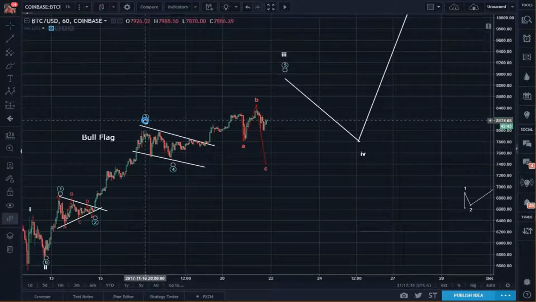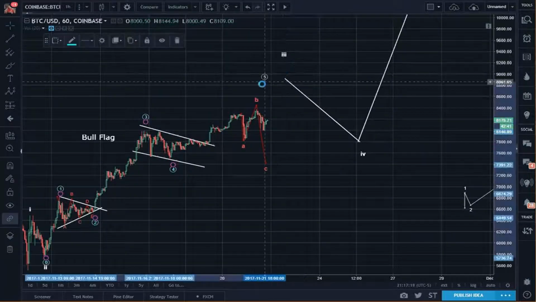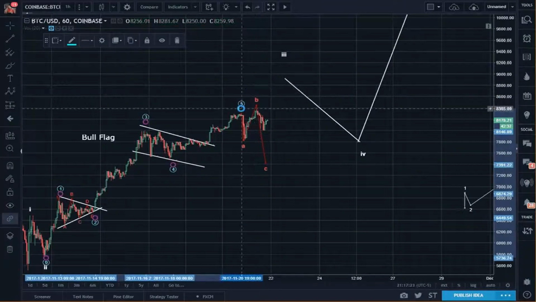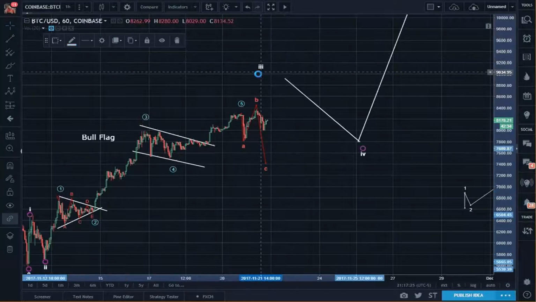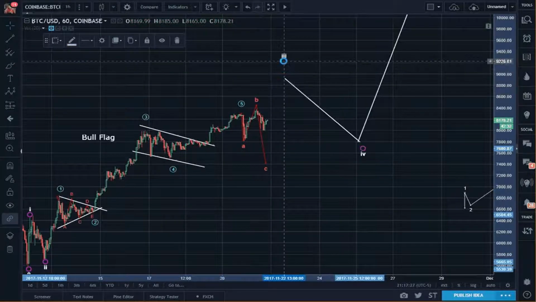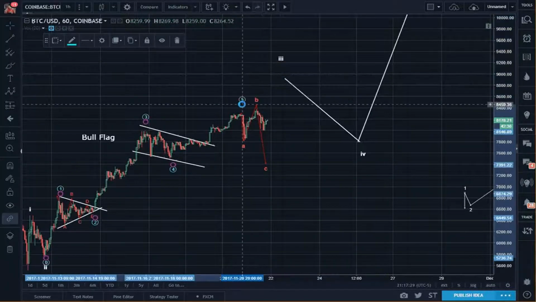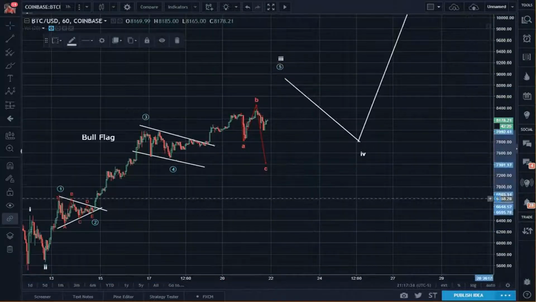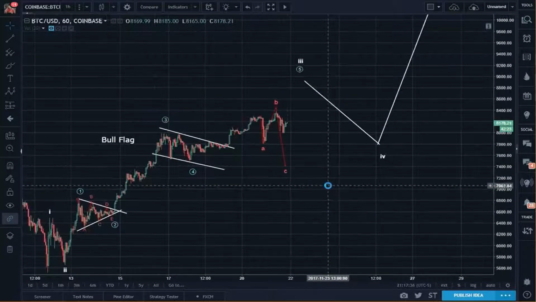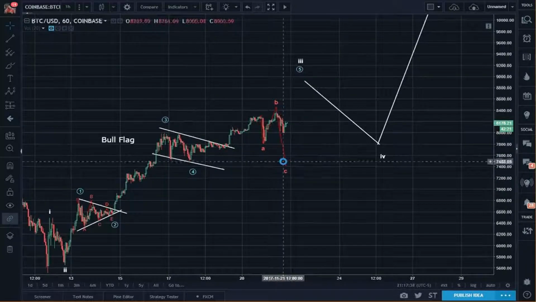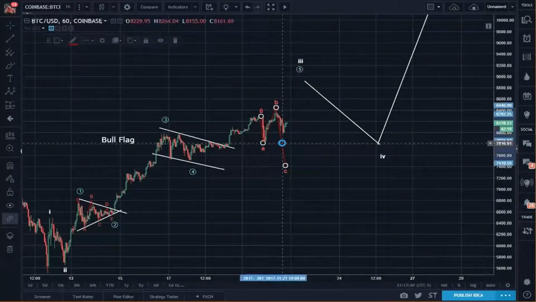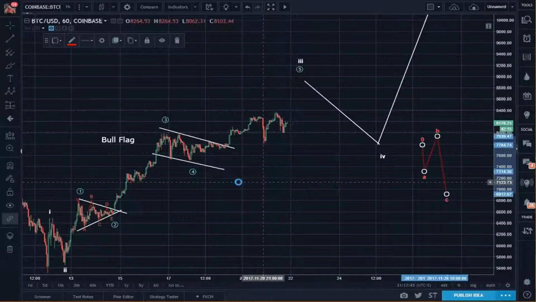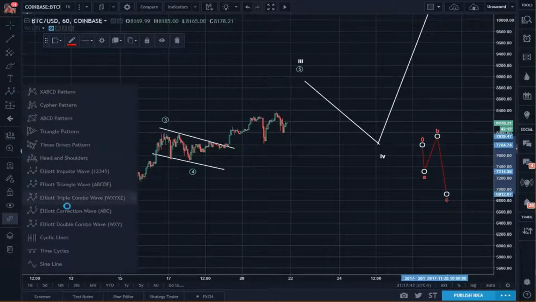And if that's the case, then we will bring all of this here. But I don't think so. This still remains an alternate, an expanded flat. If that's the case, we'll start seeing a 1, 2, 3, 4, 5 impulse down for the C wave.